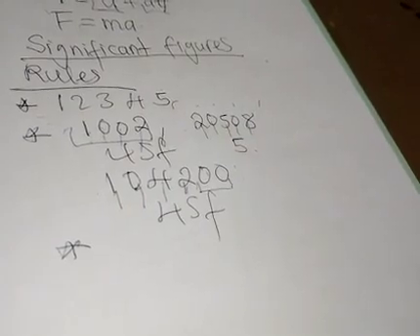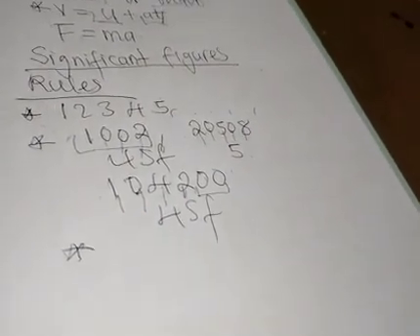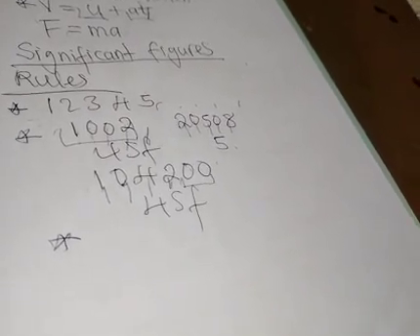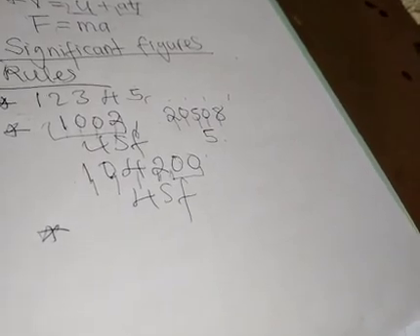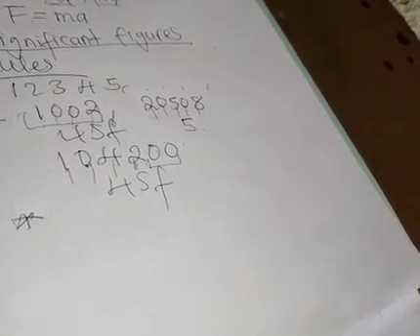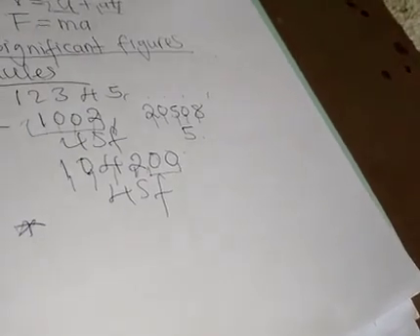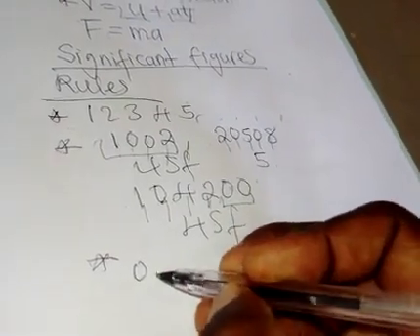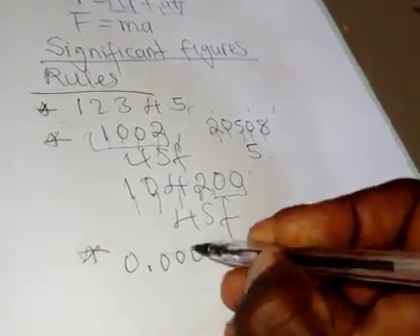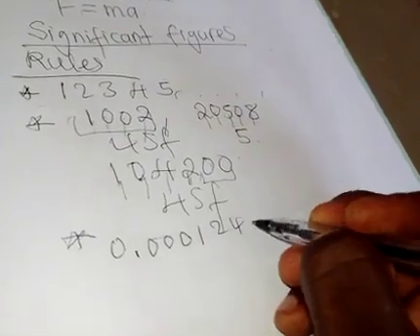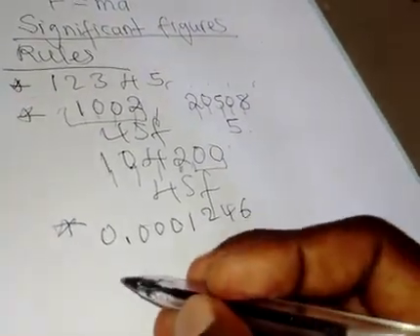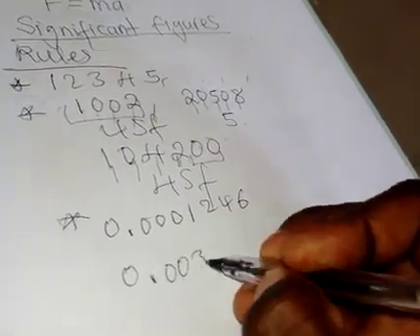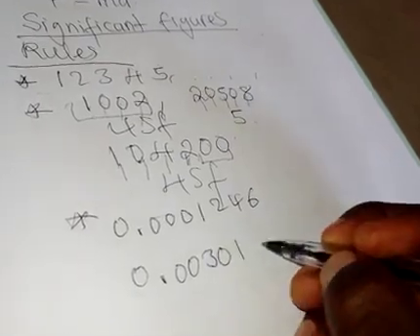Then the third one, we are saying that if a number starts with a decimal, the zeros on the left side of the first non-zero digit are not significant, but all the zeros on the right are significant. For example, if we have 0.000124, and another one, let's say 0.003010.